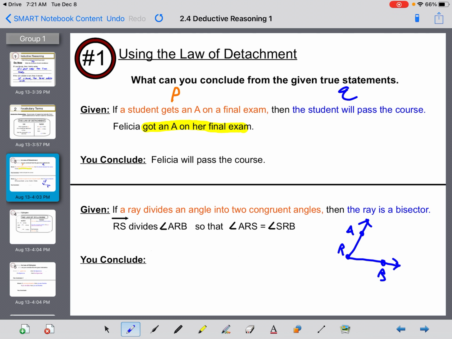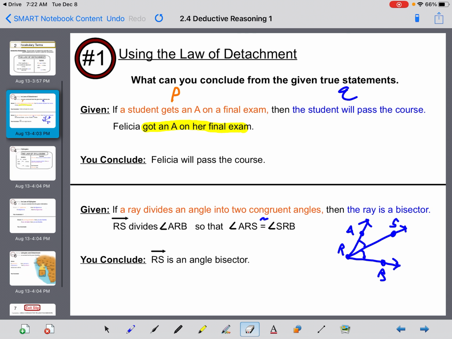And then we have ray RS, cutting that angle in half. And what happens? These angles are congruent, right? So if they're congruent, that means it's an angle bisector. So what we can conclude is that ray RS is an angle bisector. All right, that's the law of detachment.